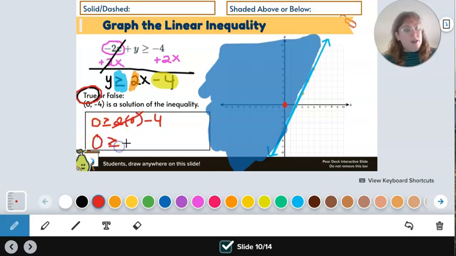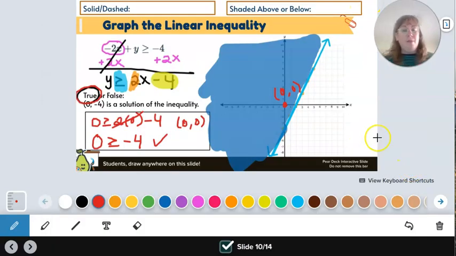So is 0 greater than or equal to -4? Yes. So that means that (0, 0) must be in our shaded section. And we see it is. So that's the above side. So you can always test a point if you're not sure. I love plugging in (0, 0). That's always an option if it works for the scenario.